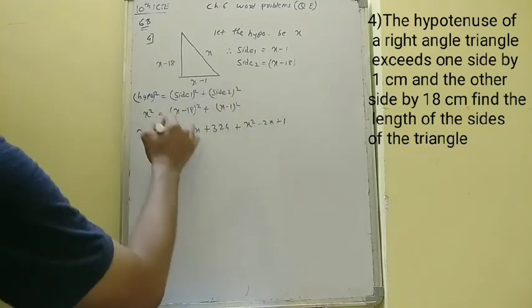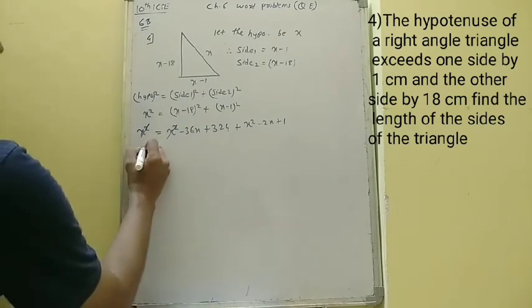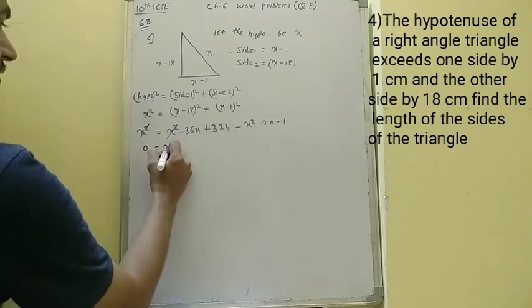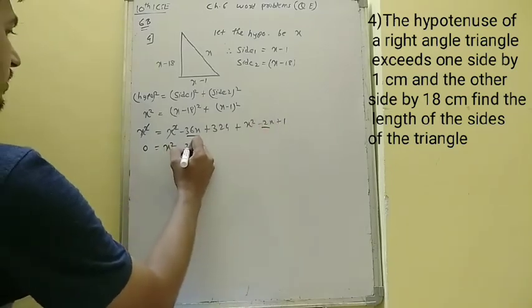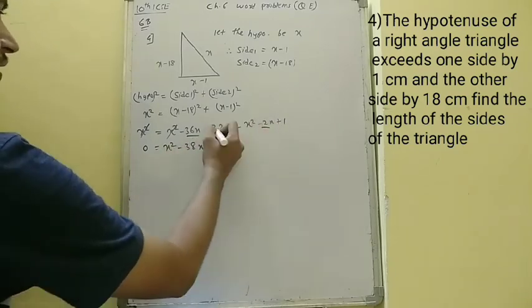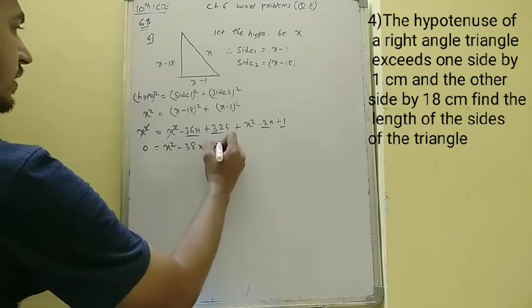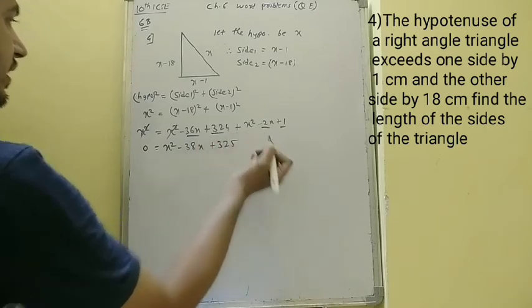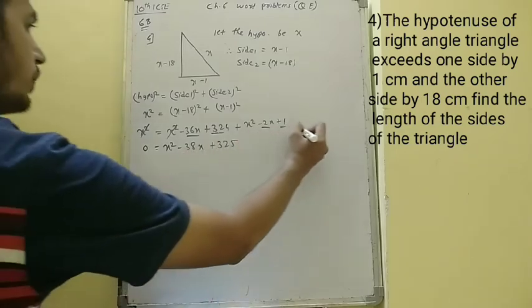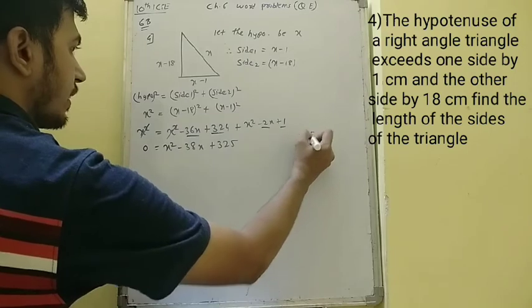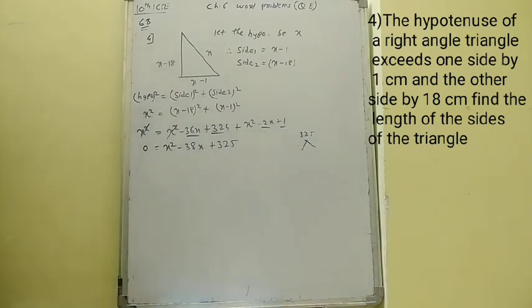So this x square will get cancelled. We have 0 is equal to x square as it is, minus 36 minus 2 is minus 38x, 324 plus 1 is 325. Okay. Yes. So I need to split 325 in such a way that in addition I should get 38.